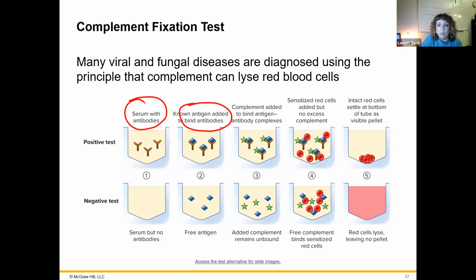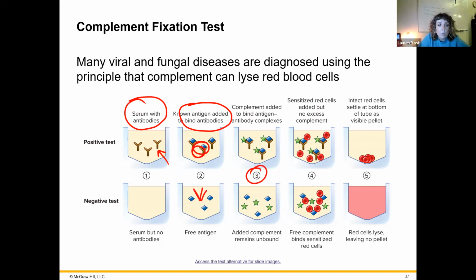So I don't know, COVID viruses getting mixed in with your blood sample. All right, if you actually have the antibodies here, we'll get binding of that antigen with the antibody. That's important because you don't see that here, right?